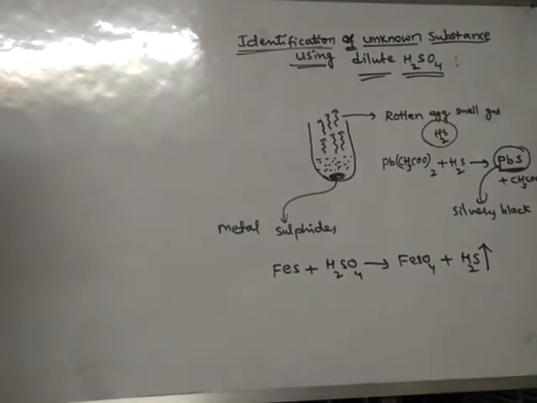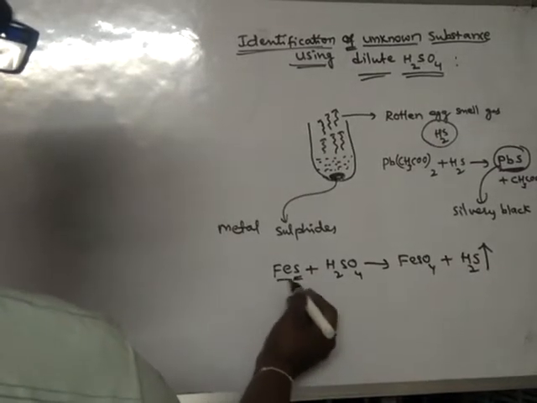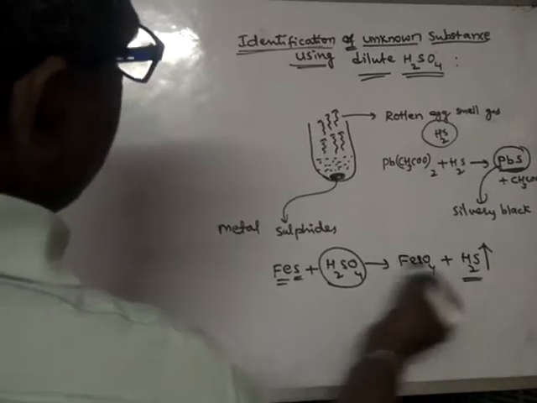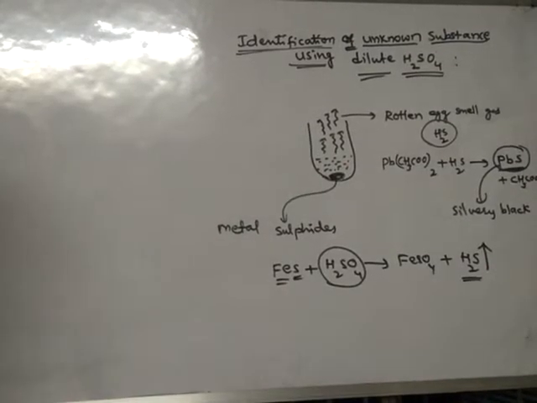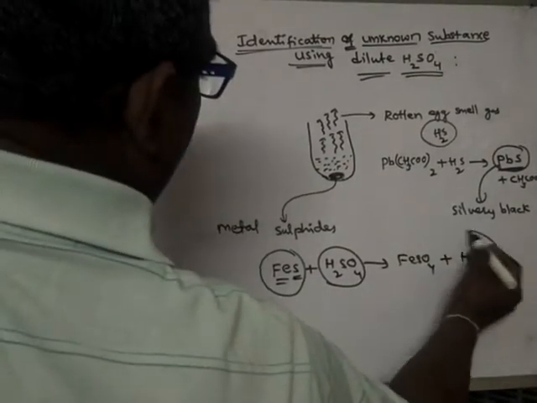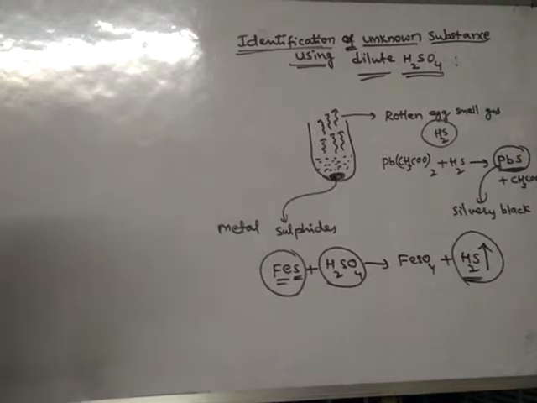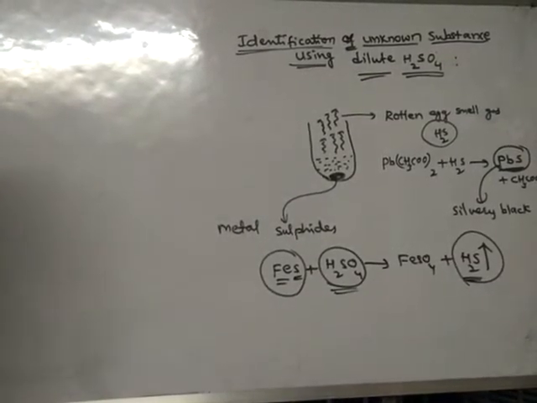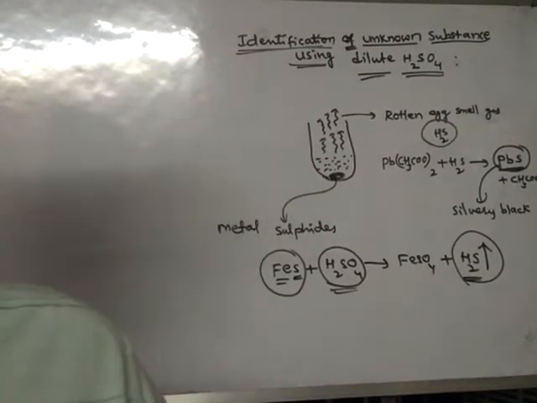So generally a metal sulfide, when reacted with dilute sulfuric acid, liberates H2S. This is the thing one should know. That means sulfides will produce H2S gas when reacted with dilute sulfuric acid. So in this way we can identify the unknown substance as metal sulfide.